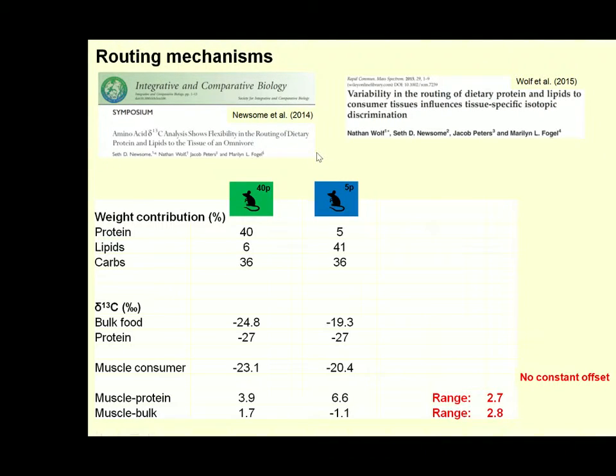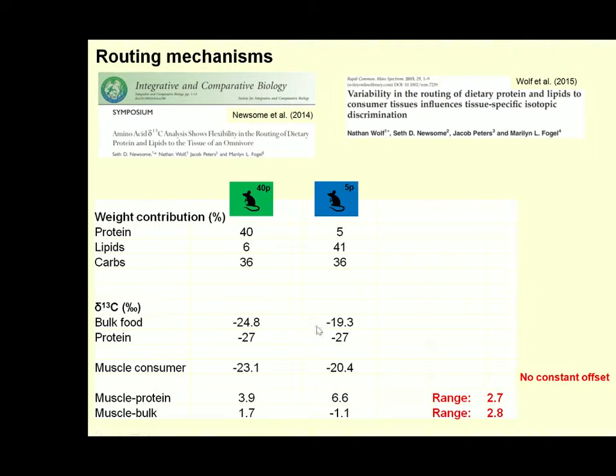So here you have 40% protein, here 5% protein, but 6% lipids and 41% lipids. The same amount of carbohydrates for both experiments. These are the isotopic signals of carbon for the bulk food and these for the protein.